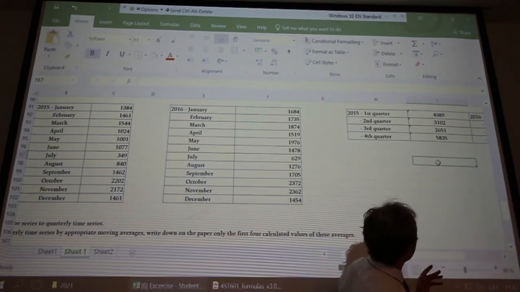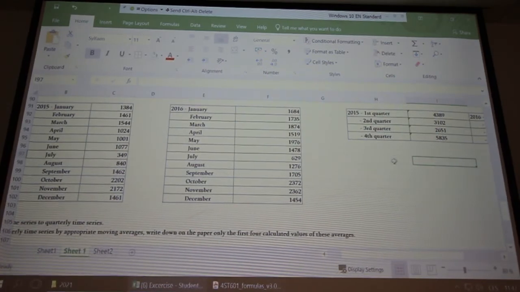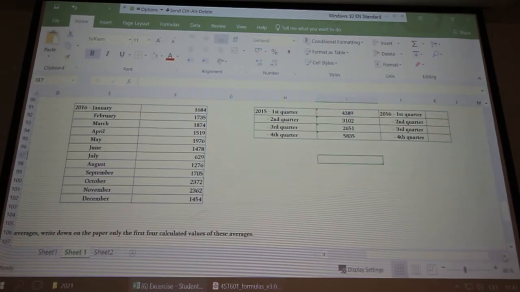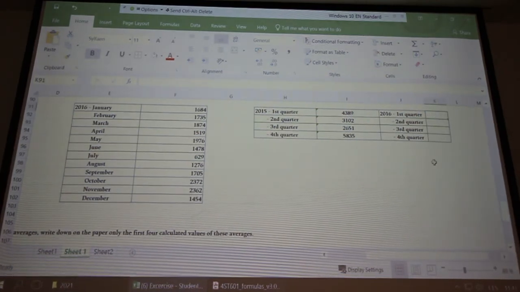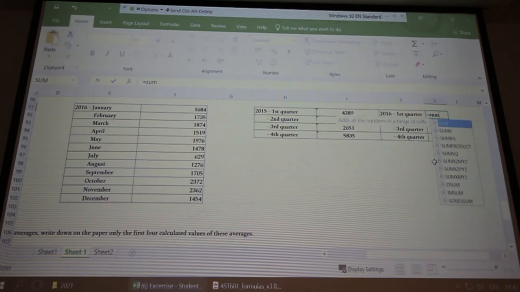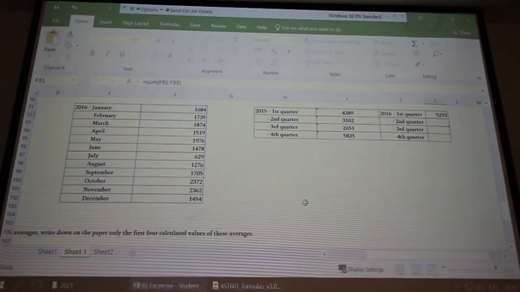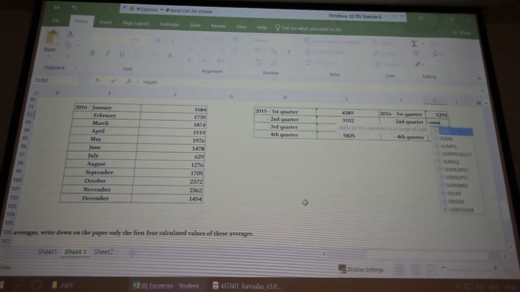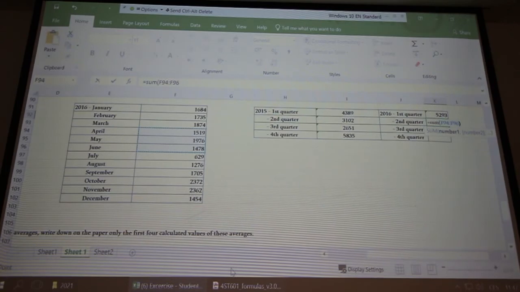And now the same with year 2016. Please, I will move this table here and we will calculate it here. Equal sign, summation, January, February, March. Equal sign, summation, April, May, June.